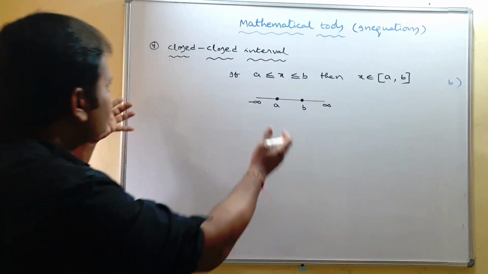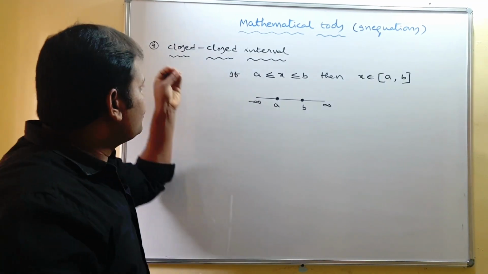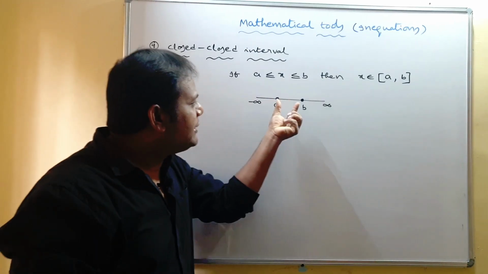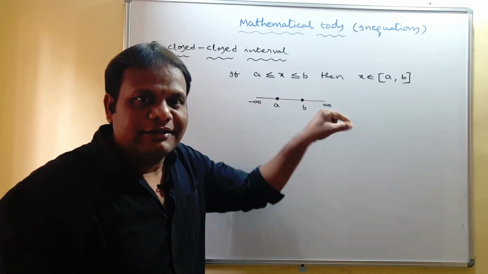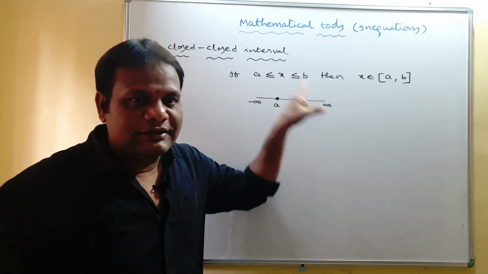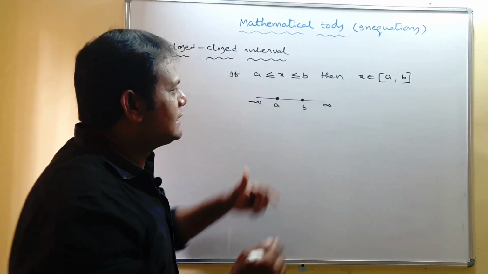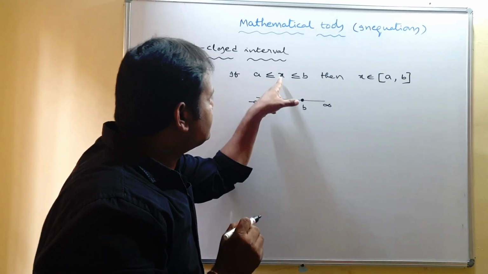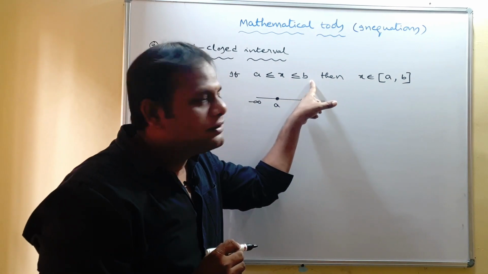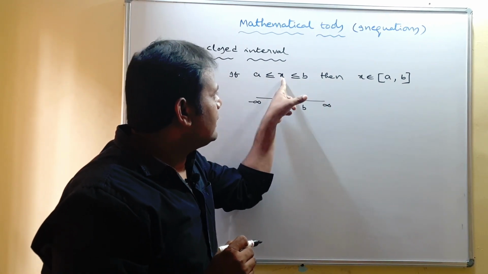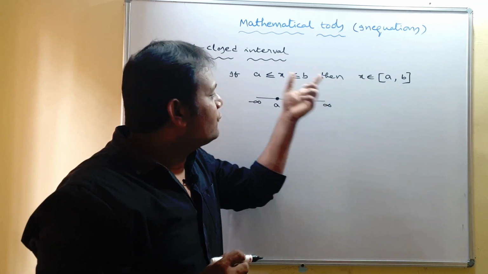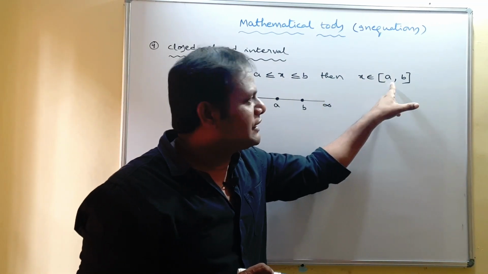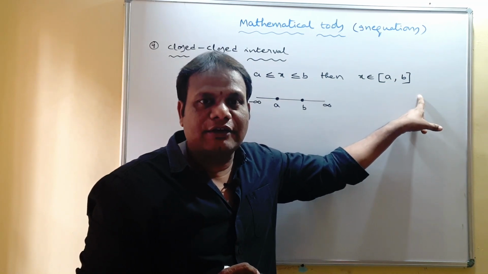Is it clear? Coming to the last case, that is the closed interval. Suppose the values are in between a and b, and a is included, b is included, then we use this interval, that is a less than or equal to x less than or equal to b. X is in between a and b, and x equal to a, x equal to b. Then we can represent this as x belongs to closed interval a comma closed interval b.